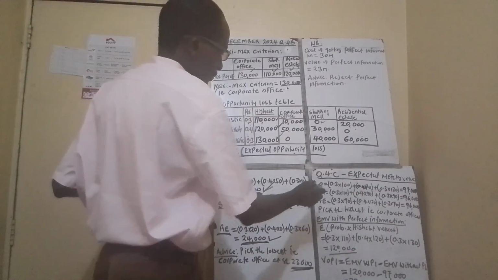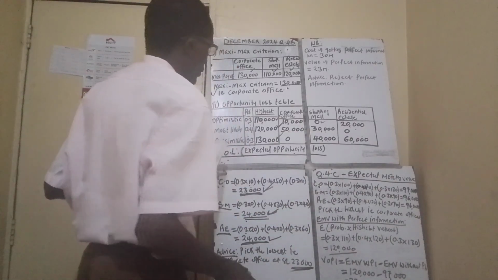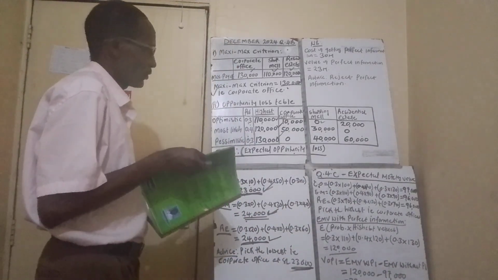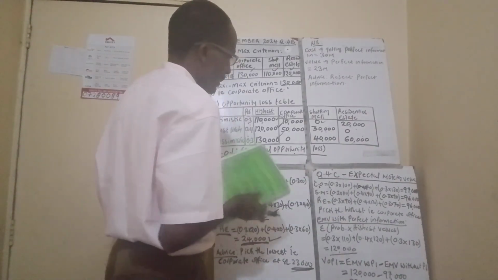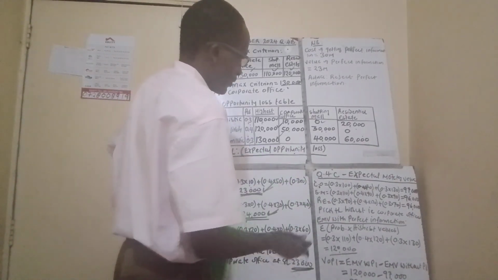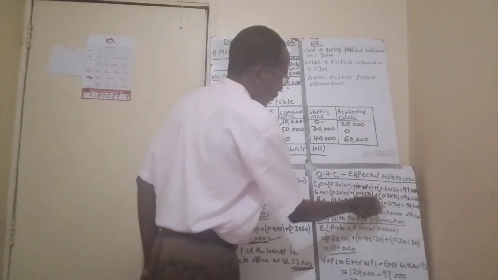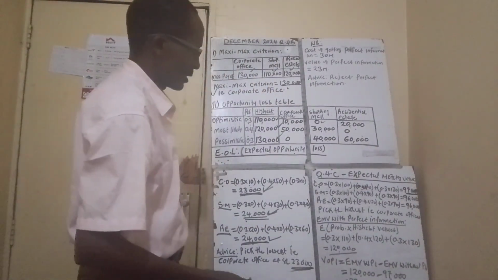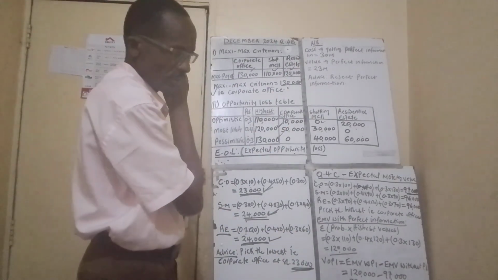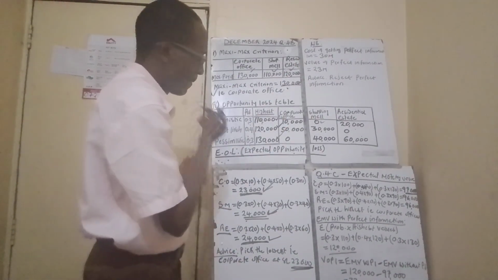So here, for corporate office, you take 0.3 times 100 plus 0.4 times 70 plus 0.3 times 130. You get 97,000 or million, whatever the figures are.